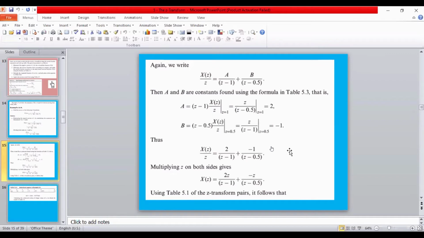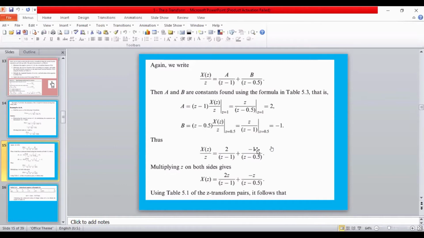We simply have a recipe, and I will be happy if you know how to use this recipe, just following the pattern, and that's it. Okay. And once you got these numbers, 2 and minus 1, now you put 2 instead of A and minus 1 instead of B. That's it, right?